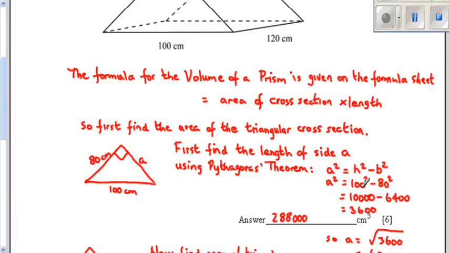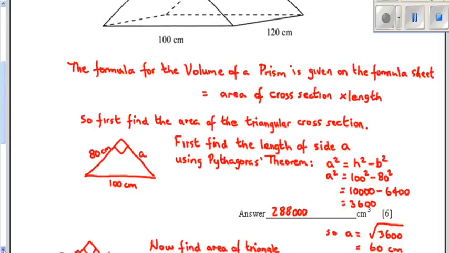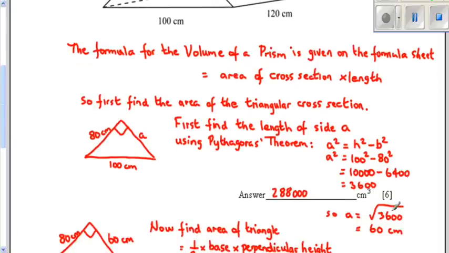A squared is equal to 100 squared, that's the hypotenuse squared, take away 80 squared, which is this side squared. 100 squared is 10,000, minus 80 squared is 6,400. When you subtract those, you get 3,600. So A squared is 3,600, and A then is equal to the square root of 3,600, which is 60 centimeters.